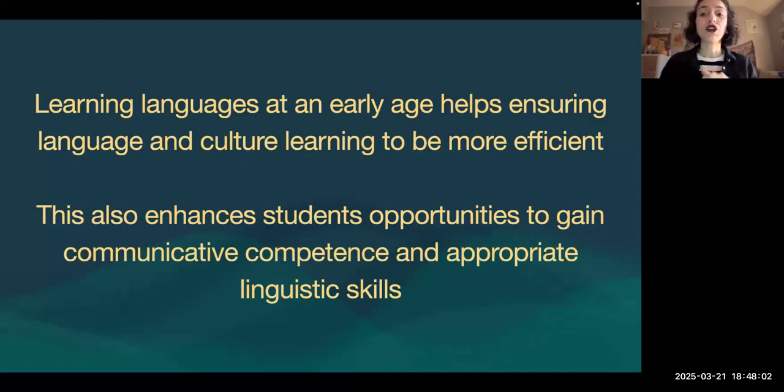So learning languages at an early age massively helps learners to acquire language and cultural learning to be more efficient, to be more engaging. And this also enhances students' opportunities to gain communicative competence and appropriate linguistic skills. So they will find themselves more confident. They will find themselves more engaged in the language process.